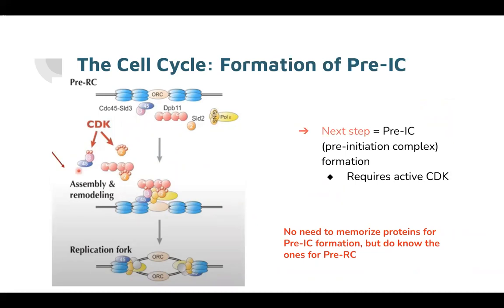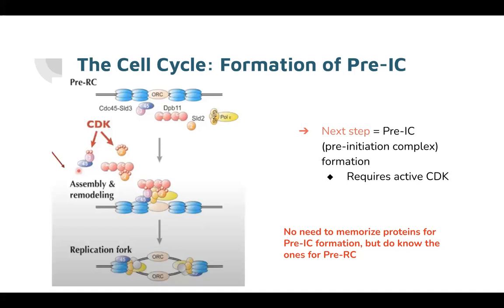Remember that was the origin recognition complex and the CDT1 and MCM, those proteins. So more proteins need to be added onto that complex in order for DNA replication to be able to occur.